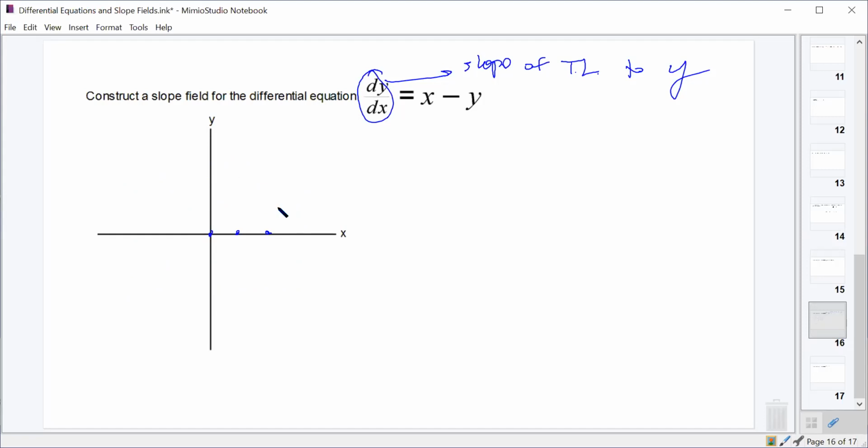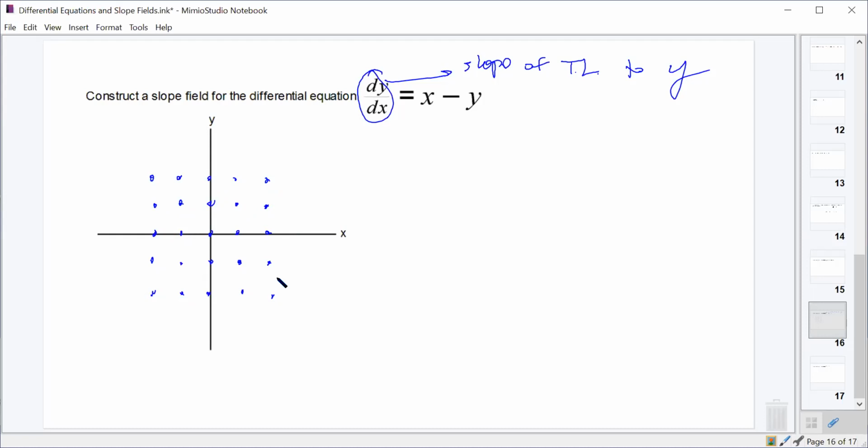Usually they don't give you nearly as many as I just tried to put up there. So we're just going to go 2 points out in each direction, out to -2 and to +2 in both the x and the y direction. Nice little square here. And so we're going to sketch the solution to dy dx equals x minus y at these 25 points.